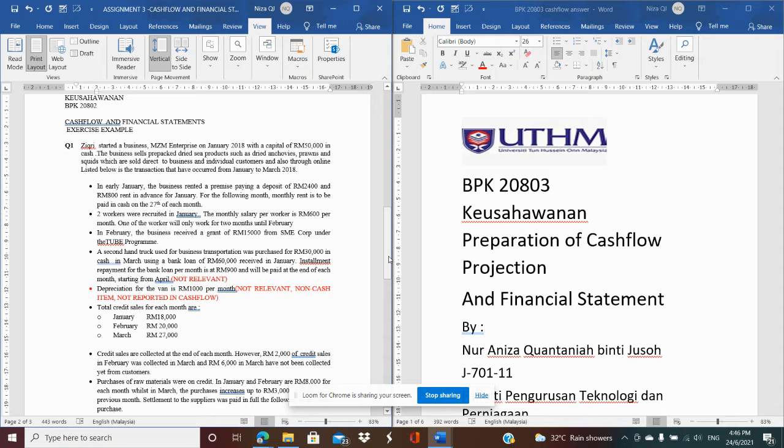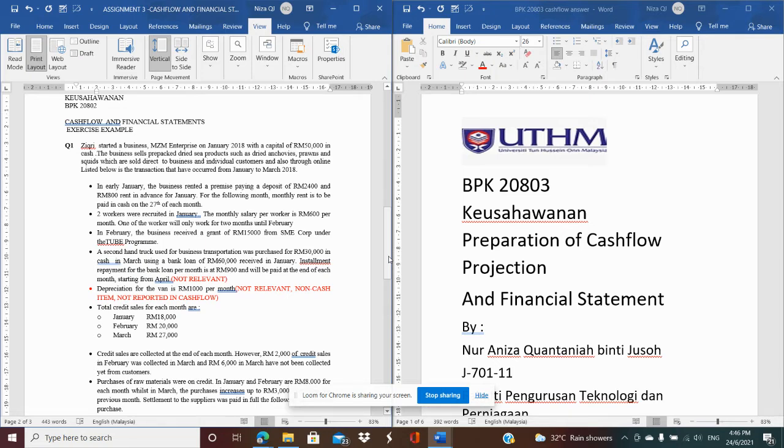It does not work in the same method as cash accounting in preparing the cash flow projection, because under cash flow you look at when you pay the money and when you receive the money.